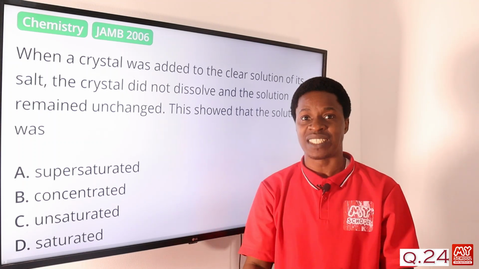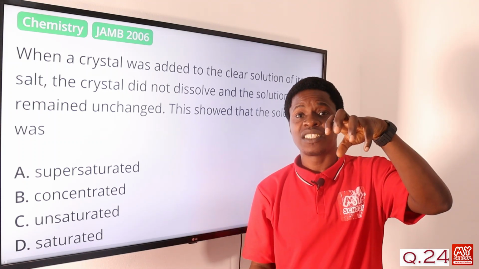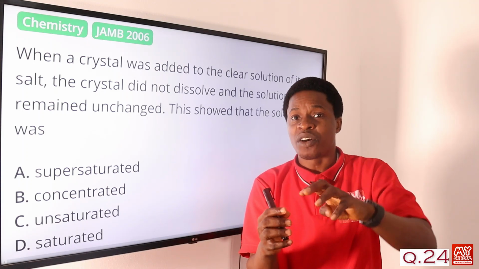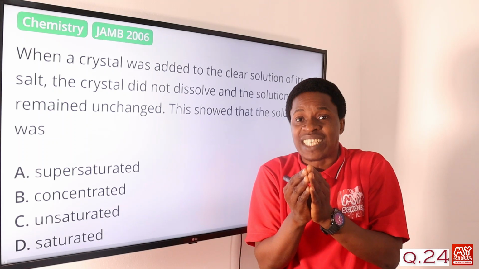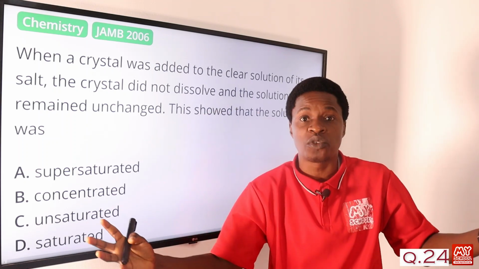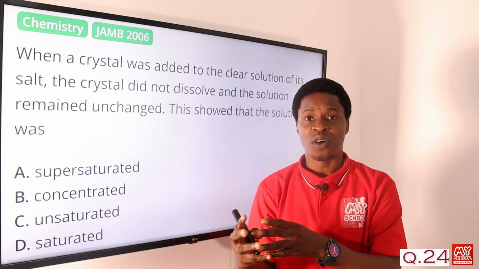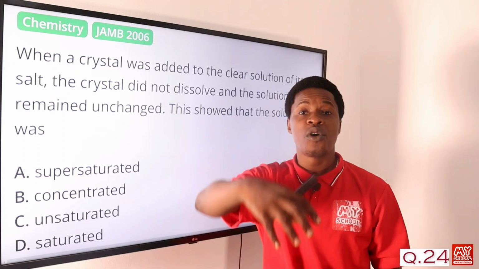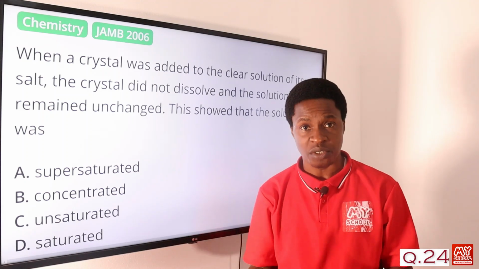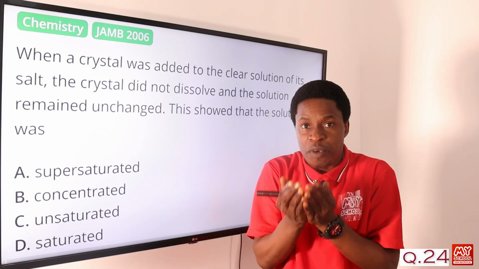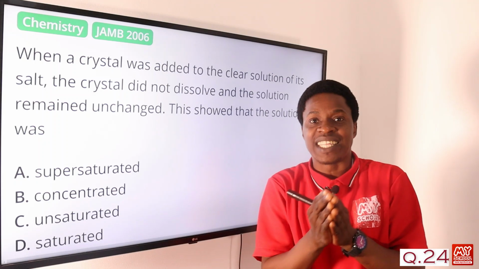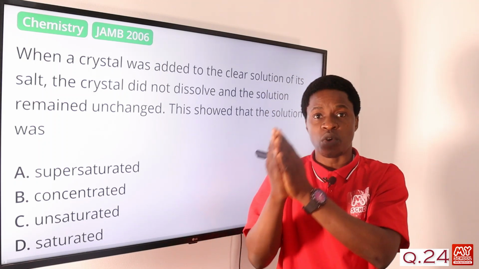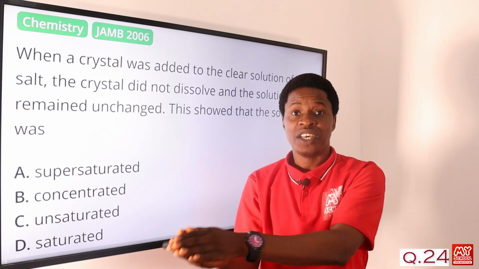What it simply means is that the solution has already been saturated, because it has taken the maximum amount of solute that it can dissolve. If you add more, it will just be there, it will not dissolve. For us to have a solution, we have a solvent reacting with a solute.